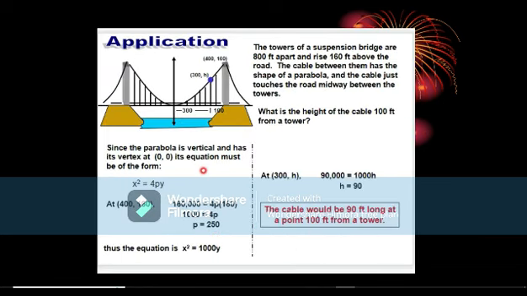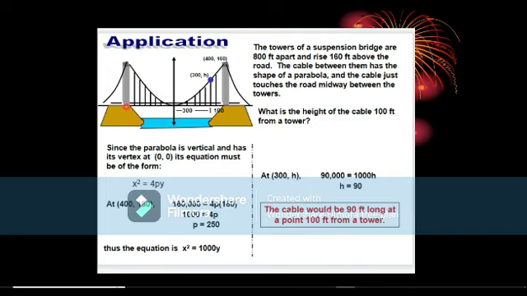Another application. The towers of a suspension bridge are 800 feet apart and rise 160 feet above the road. The cable between them has the shape of a parabola, and that cable just touches the road midway between the towers. So this is now the suspension bridge.